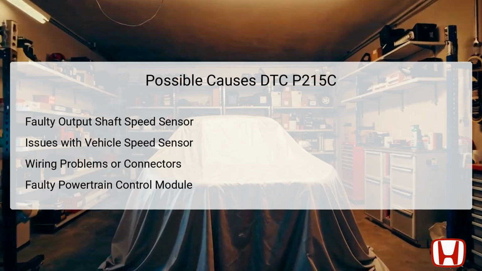In addition to sensor malfunctions, wiring problems, such as broken wires or loose connectors, can completely sever or weaken the data transmission. Lastly, a failing PCM might not interpret the signals from these sensors correctly, leading to a cascade of issues throughout the vehicle's drivetrain and stability systems.